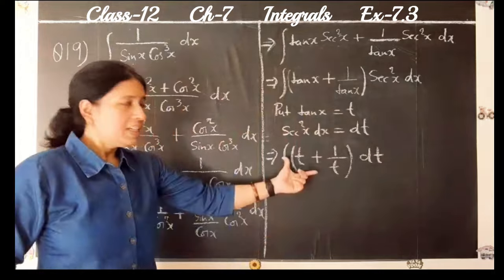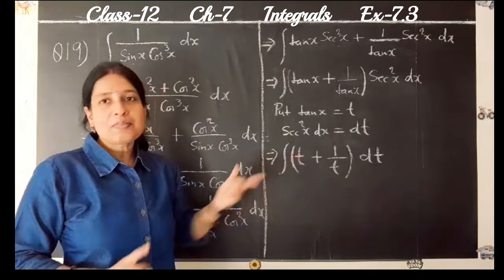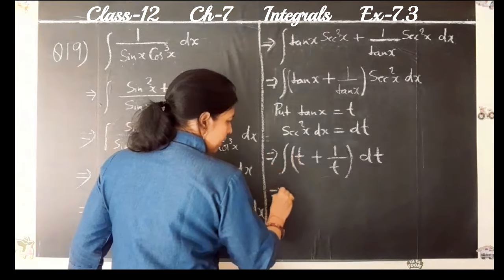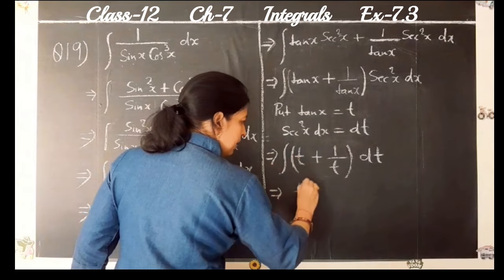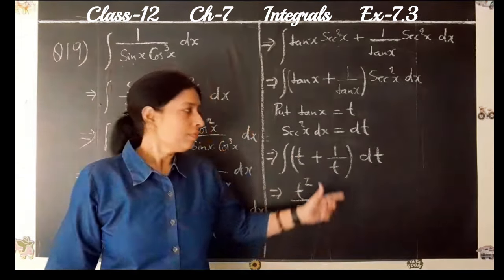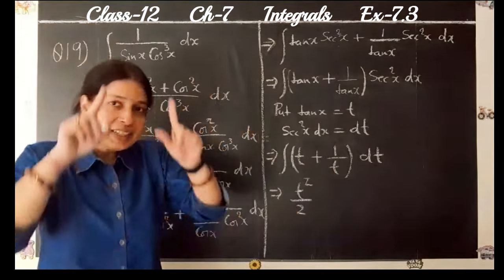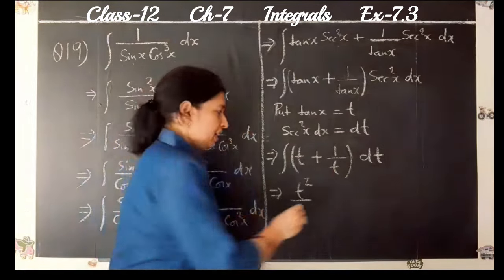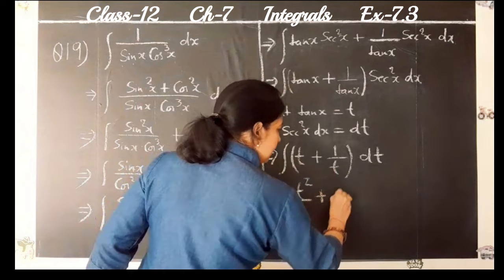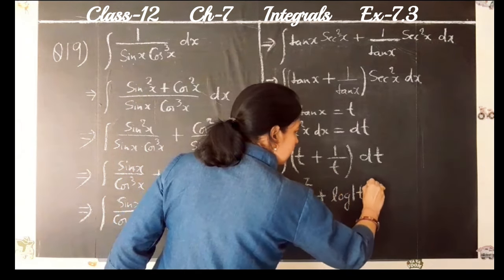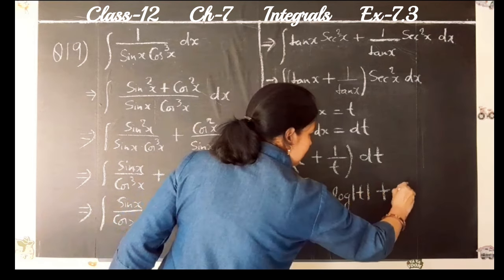Now we can easily integrate. Integral of t will be t square by 2. And what is the formula for integral of 1 by t? Yes, it is log mod t. So write here plus log mod t and a constant c.